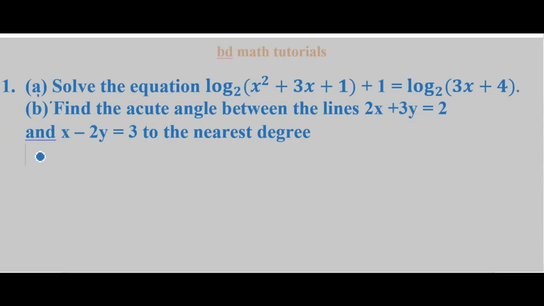The question says the log of (x squared plus 3x plus 1) to base 2, plus 1, is equal to the log of (3x plus 4) to base 2. So we start the solution.